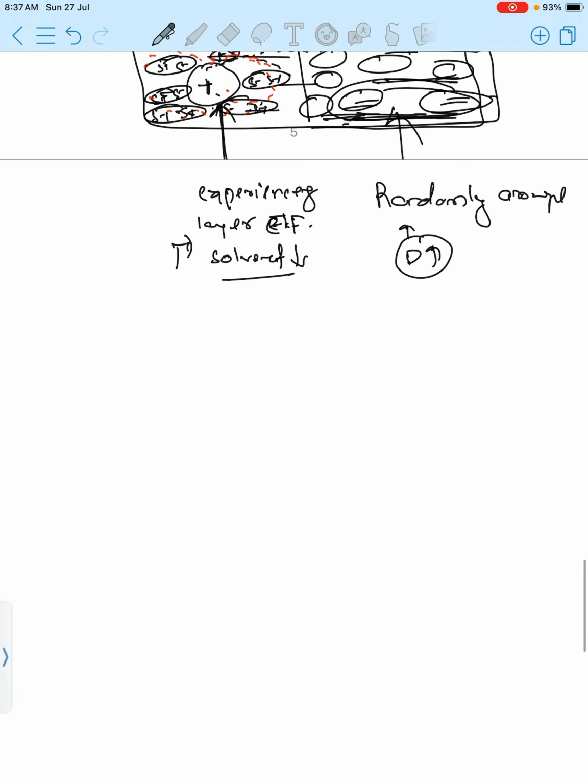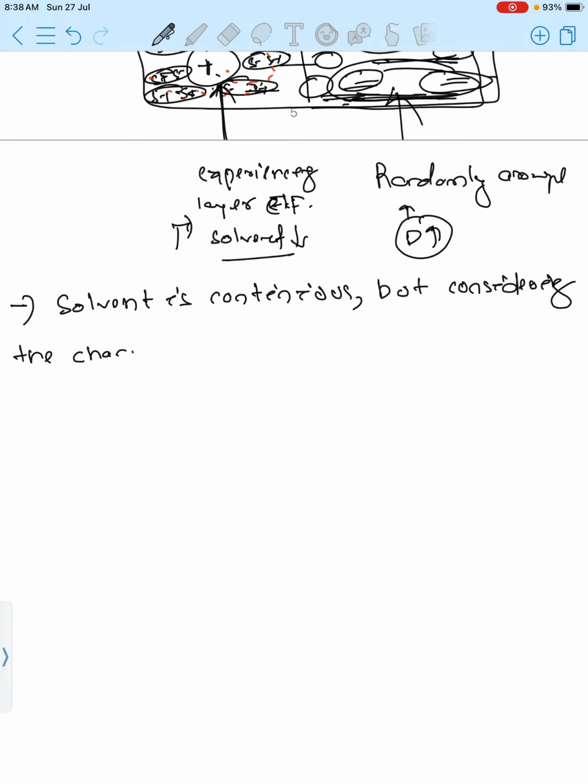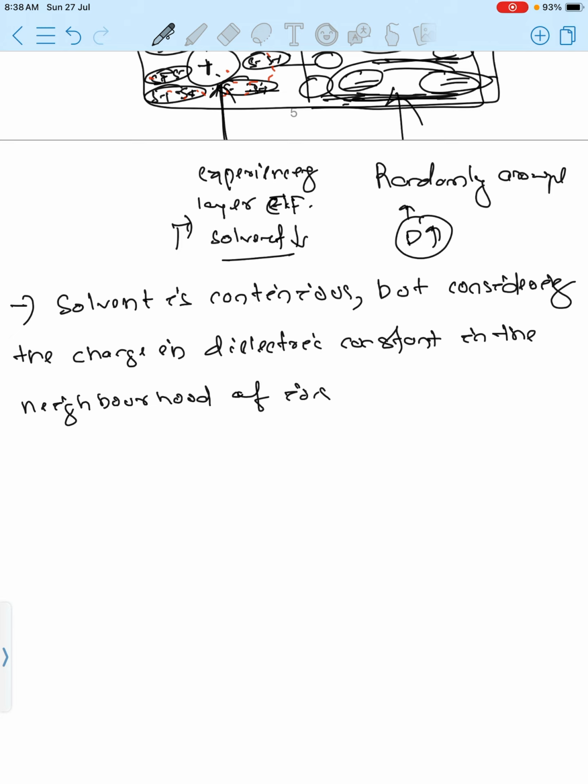After discussing this, we can understand that solvent is continuous, but a change in dielectric constant in the neighborhood of ions occurs.